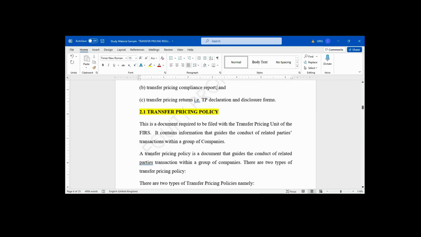Now, what is a transfer pricing policy? This is a document that is required to be filed with the transfer pricing unit of FIRS.